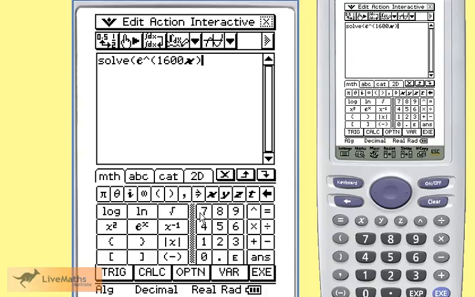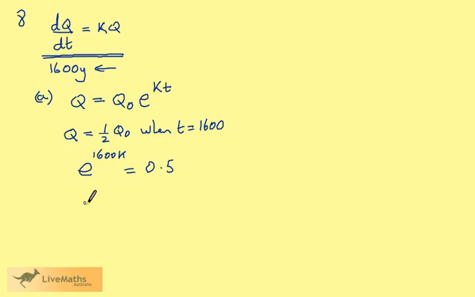Close the bracket, equals 0.5, close bracket, and execute. k is negative 4.332 times 10 to the power negative 4.